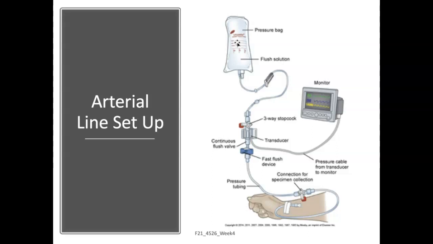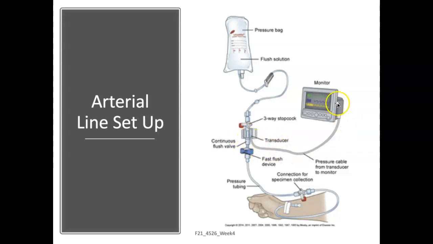So you need to have a pressure bag so you don't get constant blood flow back into your line. It's connected to this three-way stopcock, which allows you to turn this lever or switch when you want to turn it off or on to obtain some blood for your blood gases.